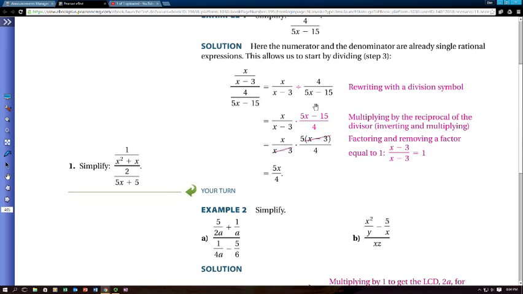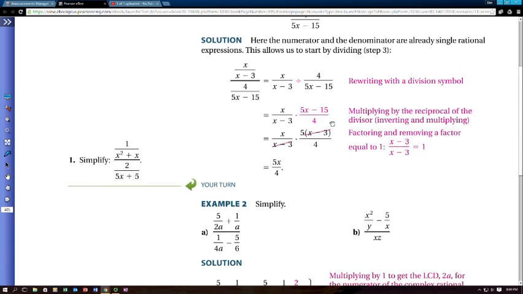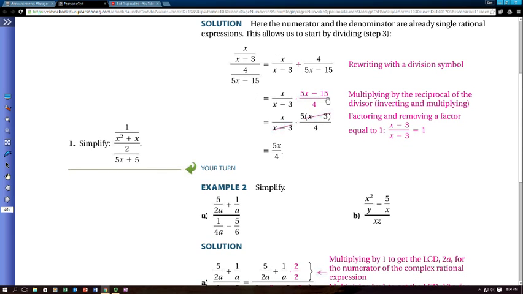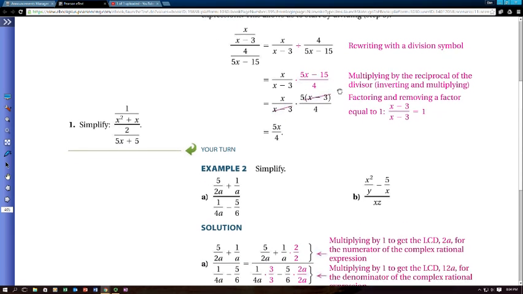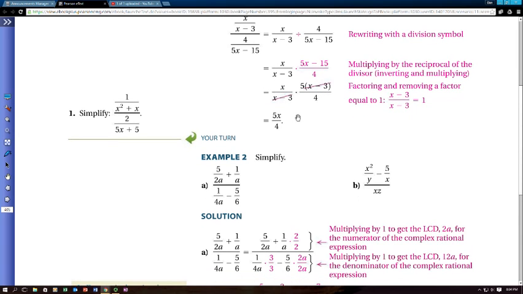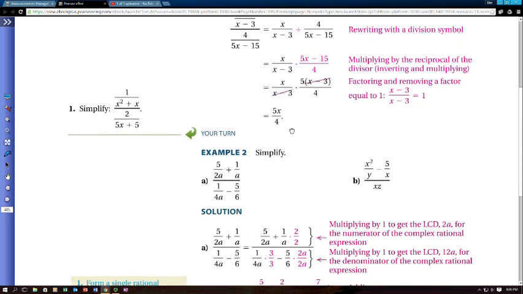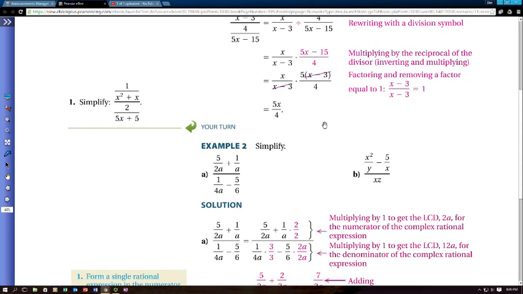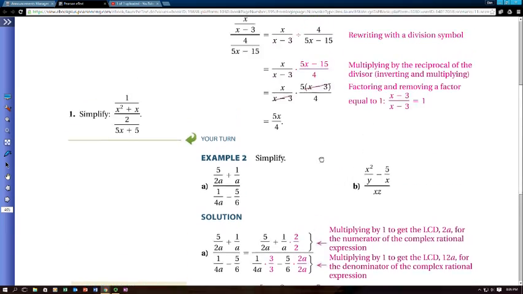We convert to multiplication by taking the reciprocal of the divisor, which is 4 over 5x minus 15. Then we look for common factors. We have x minus 3, so I end up with x times 5 over 1 times 4, which is 5x over 4.